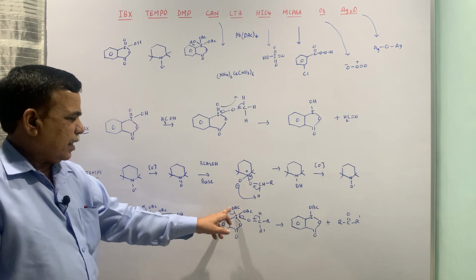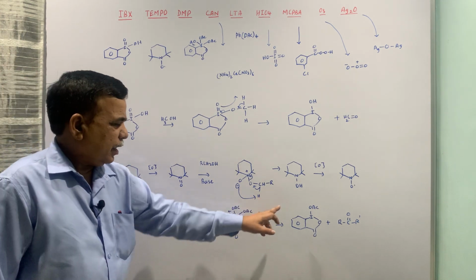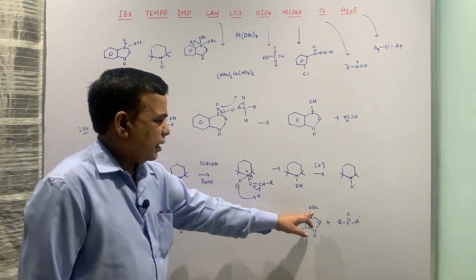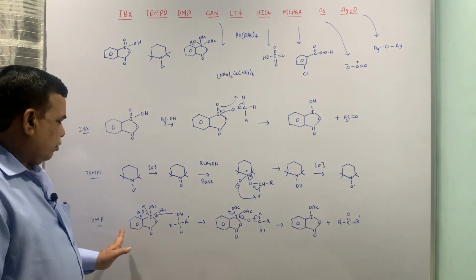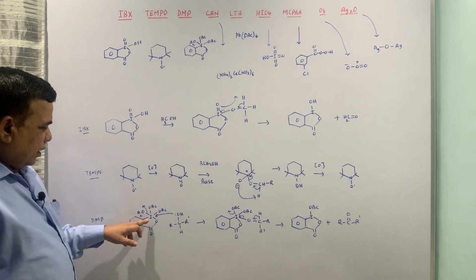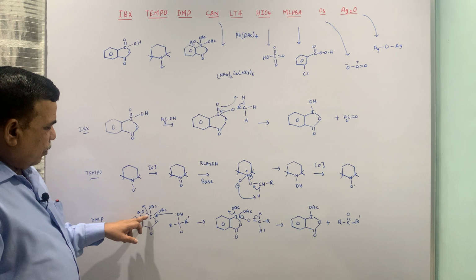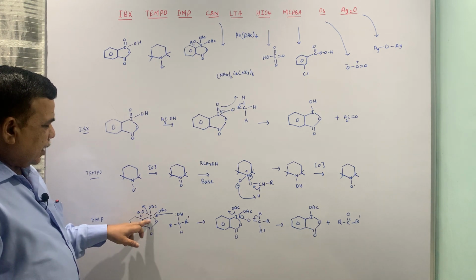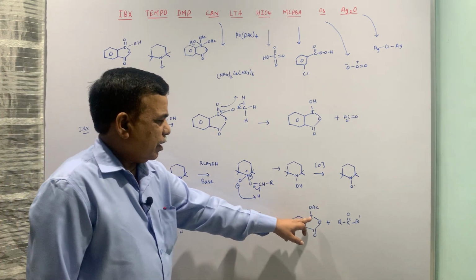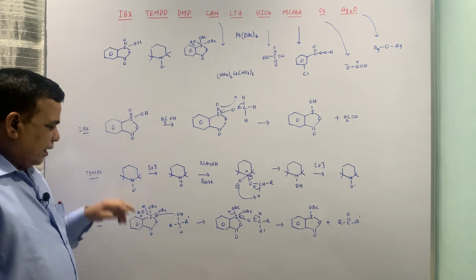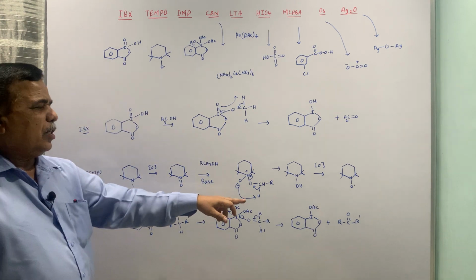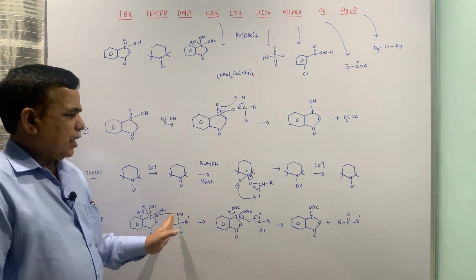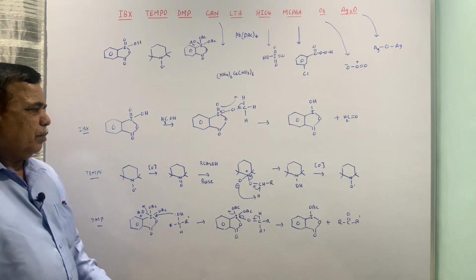The second mole of acetic acid goes off and you get the monoacetate and the ketone. So in this molecule, the iodine, plus 5, is becoming plus 3. Once again this reagent is undergoing reduction and it is oxidizing the secondary alcohol to ketone.